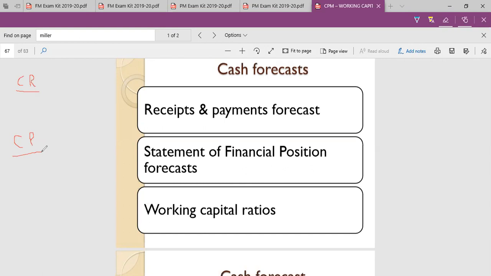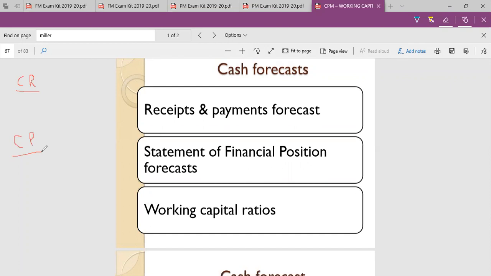The other stakeholders are like the landlord, who has to be paid, the employees have to be paid, then other operating expenses needed in the factory, administration, selling and distribution, travel expenses, printing, stationery, legal charges. There are so many things we come across. So all the cash payments have to be looked into and taken care of.